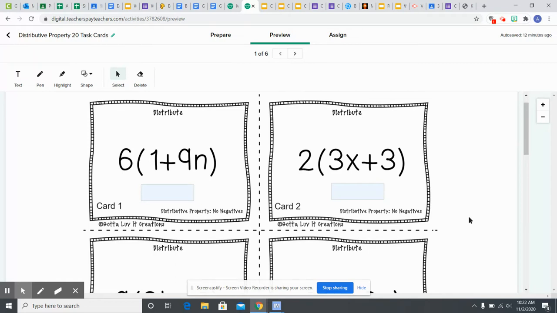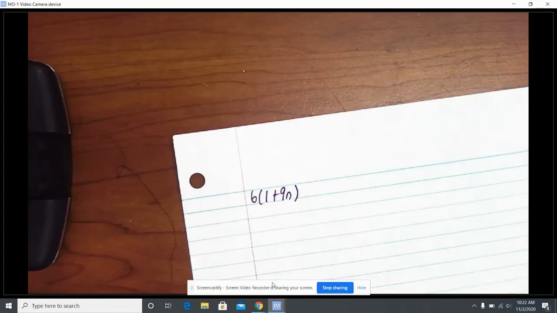Okay, so for the first one, we have 6 parentheses 1 plus 9n. Now, that 6 that is beside the parentheses, that means we're dealing with multiplication on that part. So with distributive property, and I'm going to switch over to my other camera.